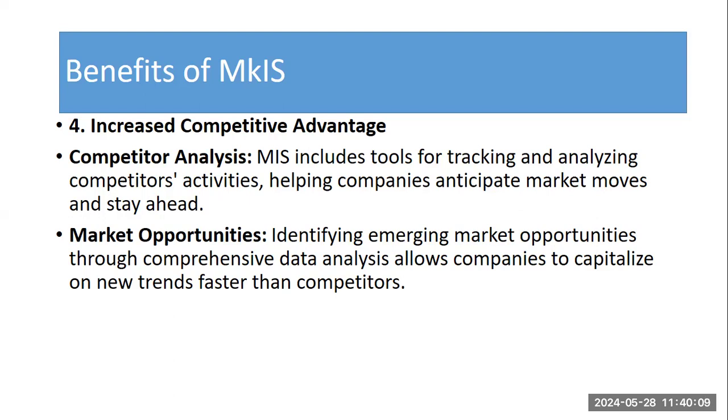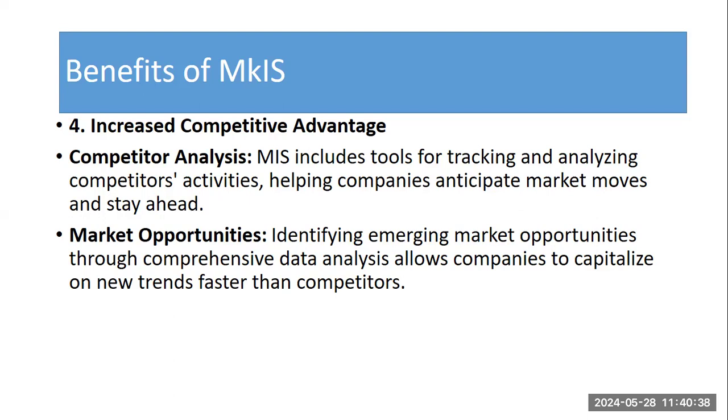So, the market opportunities, right? Identifying emerging market opportunities. Through comprehensive data analysis, that means a detailed data analysis, it allows companies to capitalize on new trends faster than the competitors. Another aspect is that there are new trends, because of the changing patterns identified in the market.